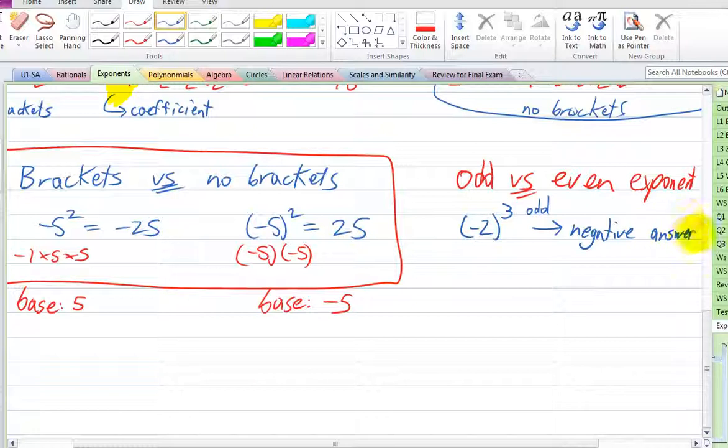Now, eventually, we're going to go to letters. So right now, with numbers, you can kind of cheat on your calculator. But for us, we need to really understand. I know you're going to be going to letters. You have an odd number of negative signs. So right away, you could put down a negative sign. Versus -2 to the exponent 4. Now it's an even exponent. So you're going to have a positive answer.